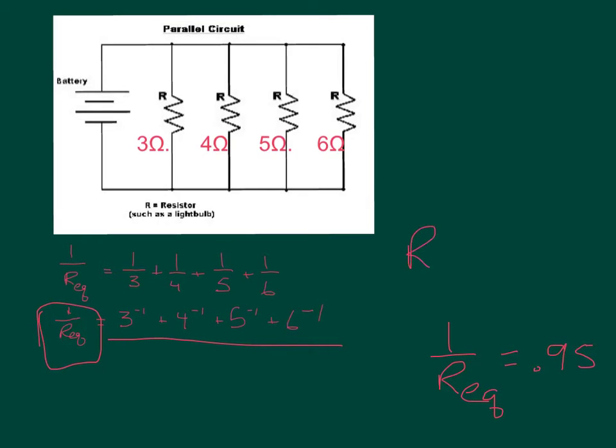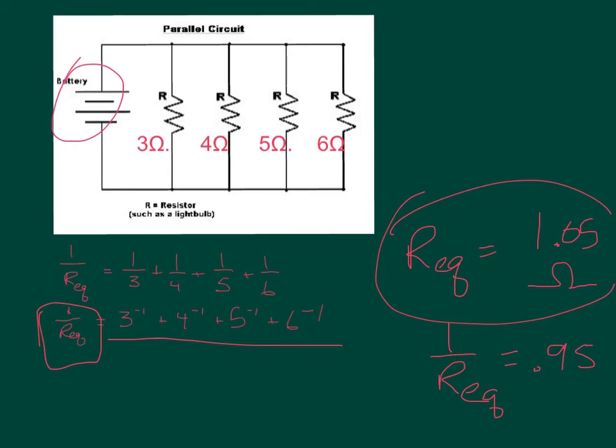So we get Req is 1.05 ohms. And then using this and knowing the voltage of the battery, we could find the current that leaves the battery. So the equivalent resistance will help us find the current from the battery.